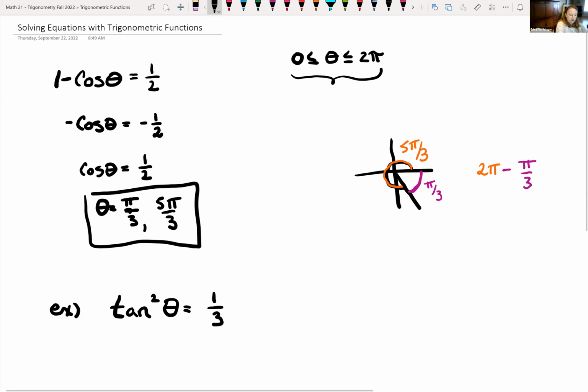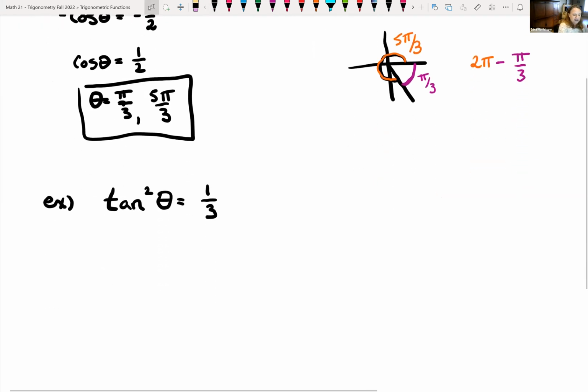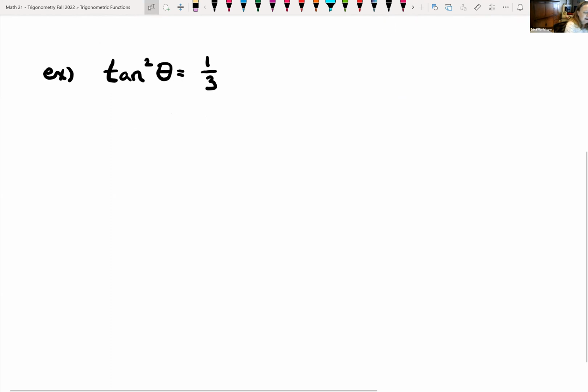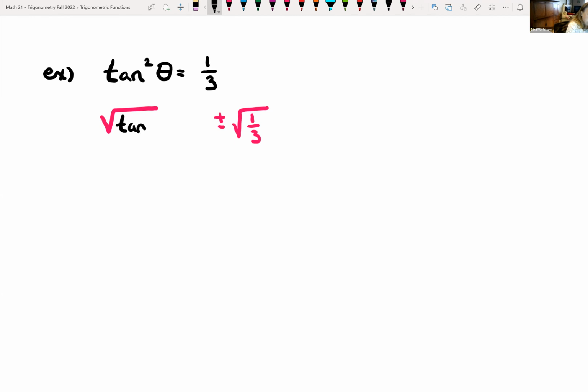I can use the fact that I have a perfect square on one side equal to the other side. We can take the square root of both sides of that equation to get a single tangent theta. But if we take the square root of both sides, don't forget we need to put plus or minus on the one side. So the square root of tangent squared theta equals plus or minus the square root of 1/3.